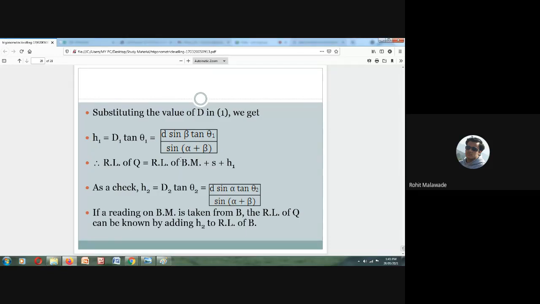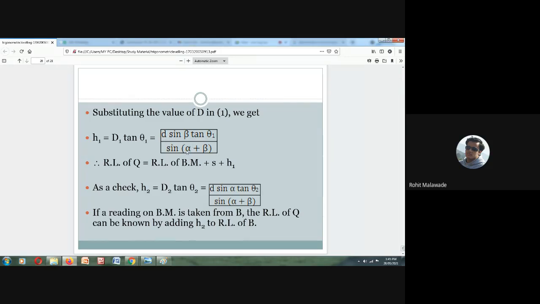Okay, so this particular formula we will be using when we want H1. If we want H1, then we will be using the formula D sine beta into tan theta 1. D sine beta is the angle made from R to P, and theta 1 is the vertical angle, then divided by sine alpha plus sine beta.